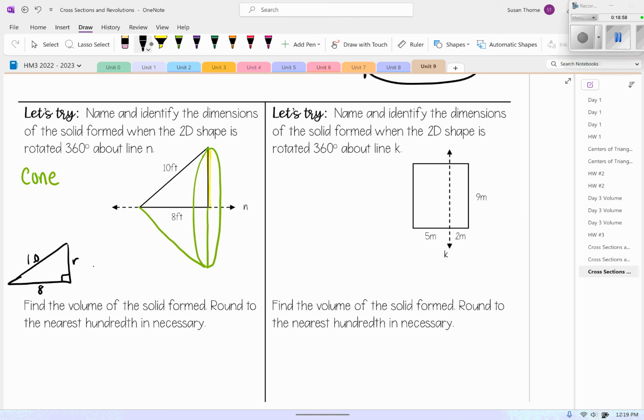So r squared plus 8 squared equals the hypotenuse, which is 10 squared. So we have 100, and we subtract 64 from 100. So r squared equals 36, so r is equal to 6. So the radius equals 6, and the height is equal to 8 feet.